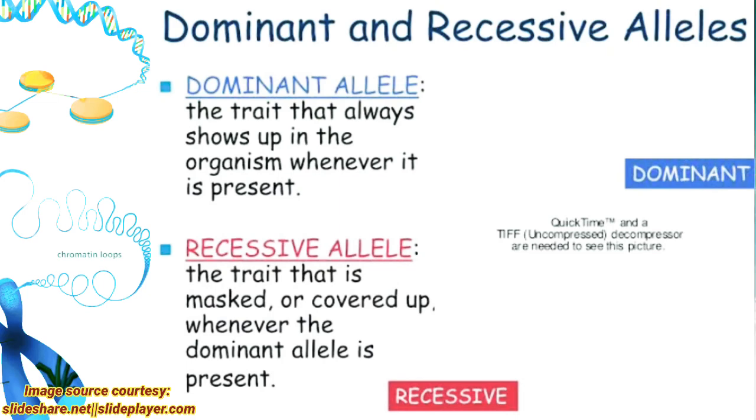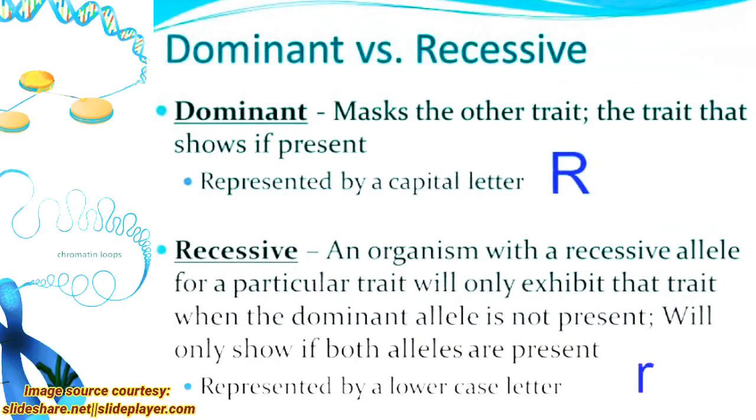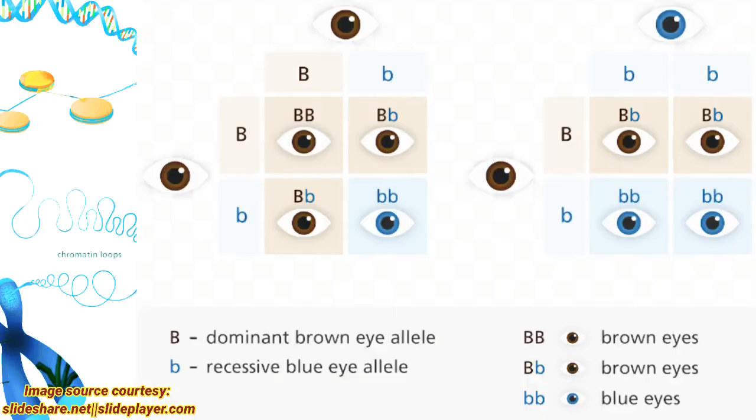Take note of that. Dominant alleles show their effect even if the individual only has one copy of the allele, also known as being heterozygous. For example, the allele for brown eyes is dominant, therefore you only need one copy of the brown eye allele to have brown eyes. Though, with two copies you will still have brown eyes.